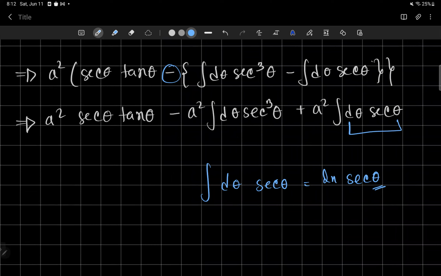Anyone? No? No clue? Let me just use Wolfram to confirm my suspicion. Oh, these guys just kept it in terms of ln. Okay, but this is doable, okay?